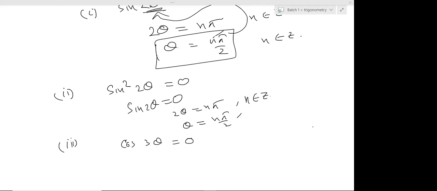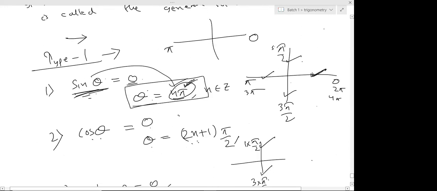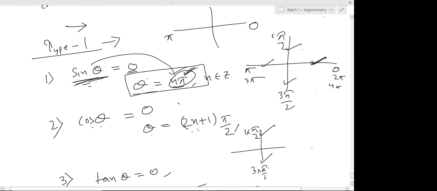Could you scroll up for the formulas? Done, sir.